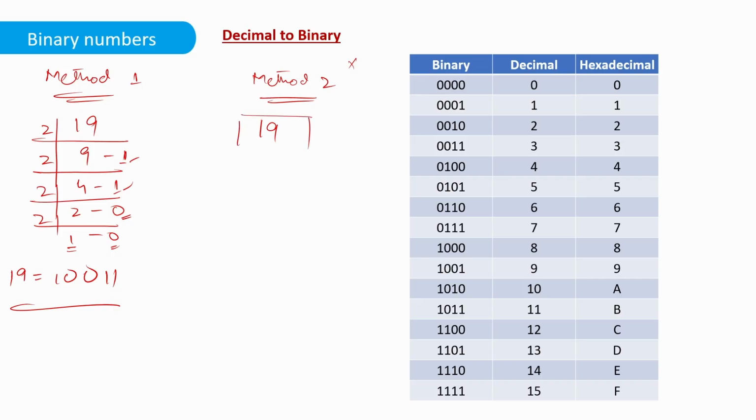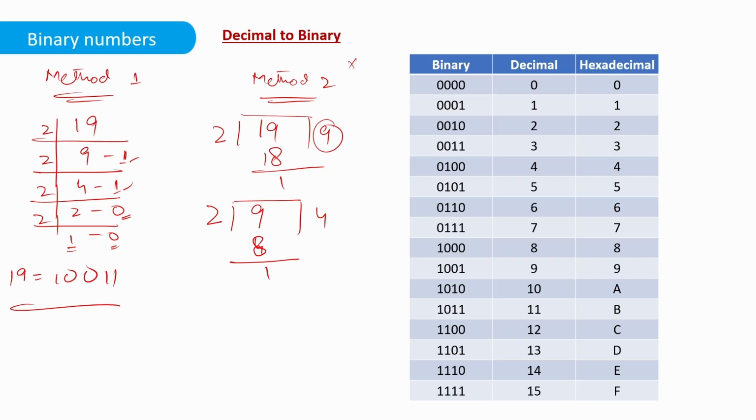So this becomes 2 times, now I know 2 times 9 will give me 18. So this becomes 1 remainder, right? So now I have to do the division for 9 once again. So 2 times 4. Sorry, I have to write it over here. 2 times 4 gives me 8. So this becomes 8.